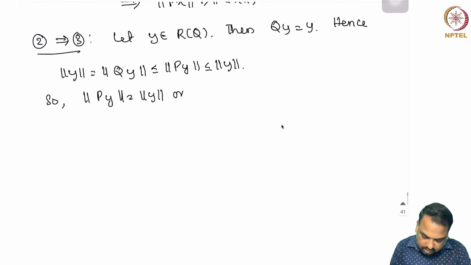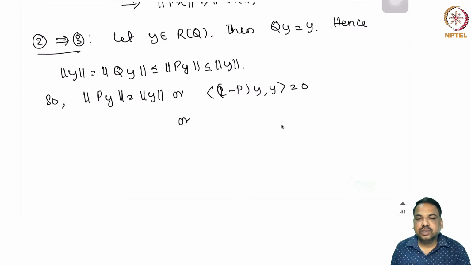Or we can say that norm of Py square is norm y square. So again you can write that as inner product of Py with Py, on the right hand side inner product y with y. If you simplify, you will get inner product of (I minus P)y with y is 0, or we can say that I minus P is also an orthogonal projection.